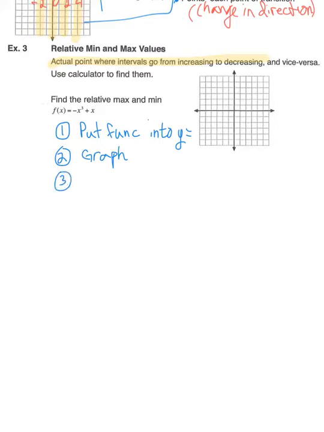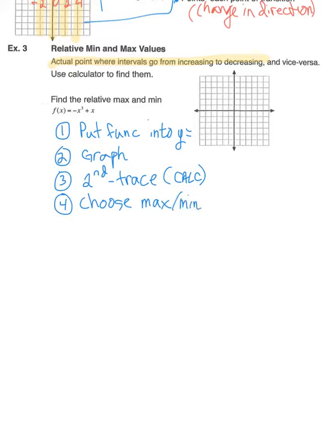To get to the calc menu, you're going to hit the second button and then the trace button. From the calc menu, you're going to either choose max or min, depending upon which one you're finding.